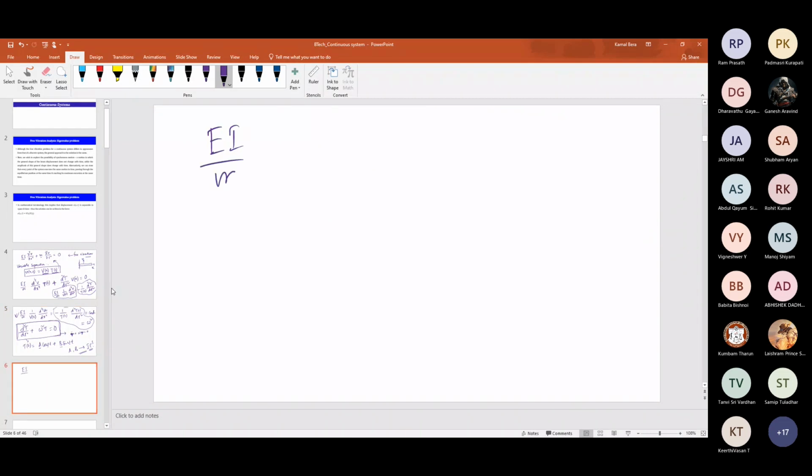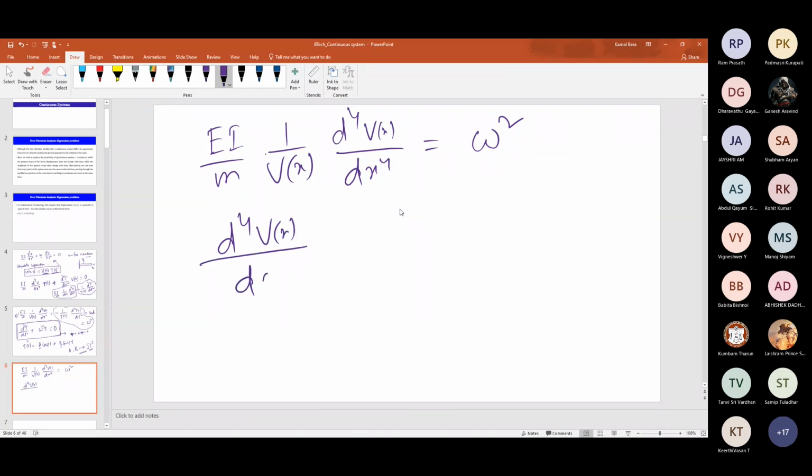What is that? (1/V) into (EI/m) d⁴V/dx⁴ is equal to omega square. Correct or wrong? So I can write d⁴V(x)/dx⁴ minus omega square m by EI into V(x) equals 0. Are all agreed with me?